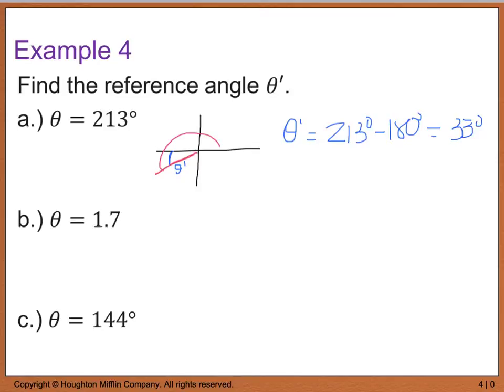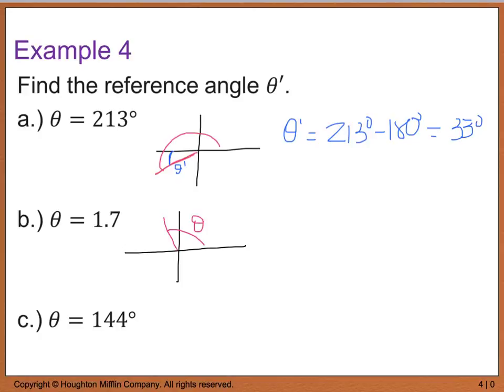For B, theta equals 1.7. Remember, there's no unit on that, so I'm going to assume that that's 1.7 radians. 1.7 radians is just a little bit over pi over 2, because I know that if I go to pi, that's 3.14. If I go to pi divided by 2, that's a little bit over 1.5. So 1.7 radians is actually going to occur up in this region.